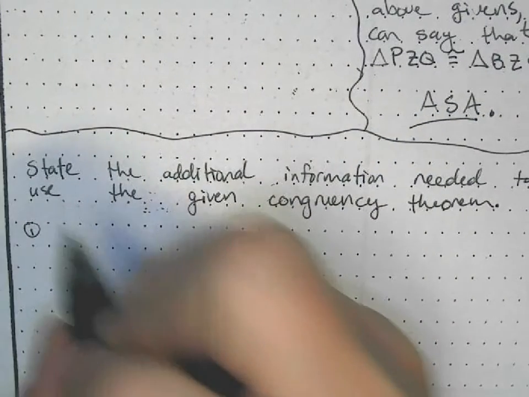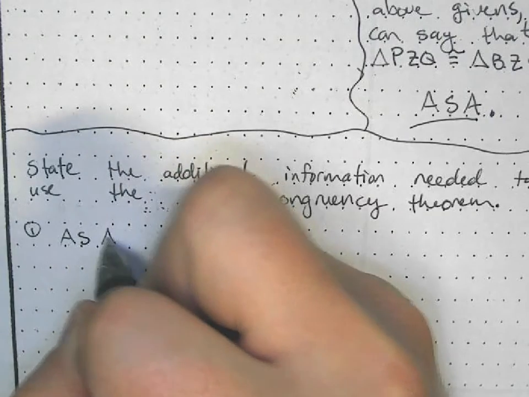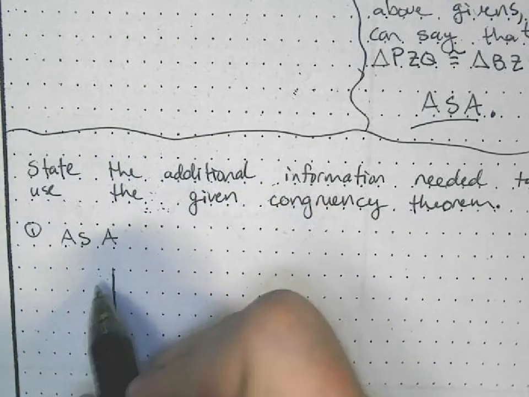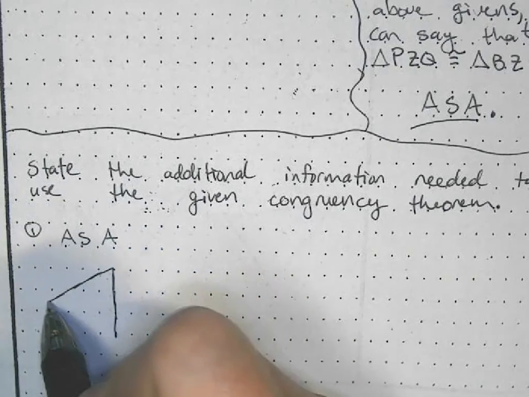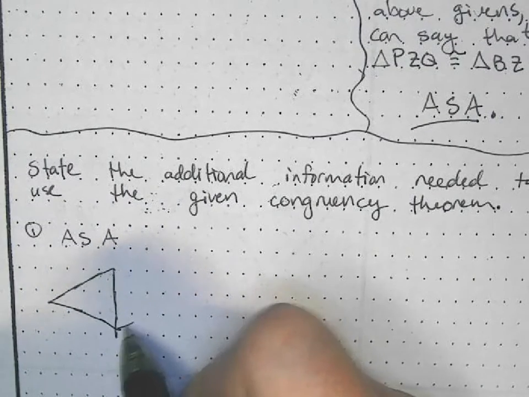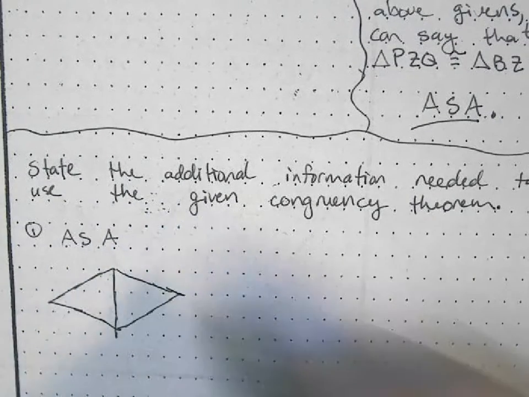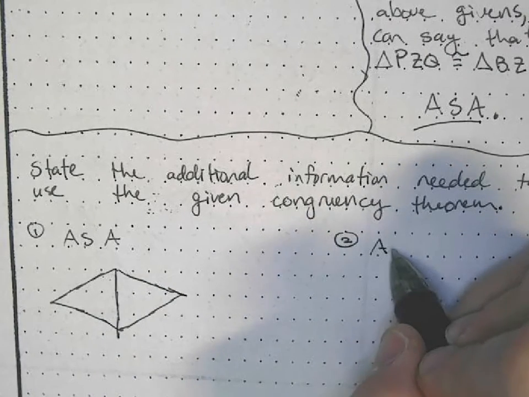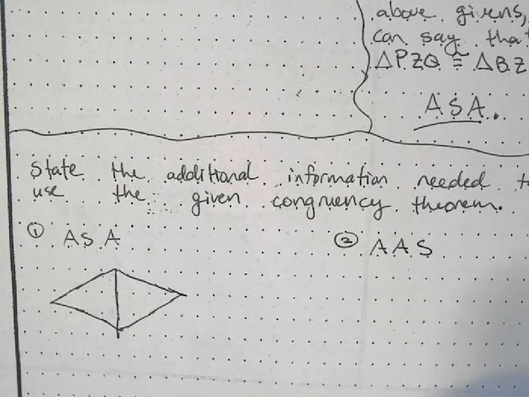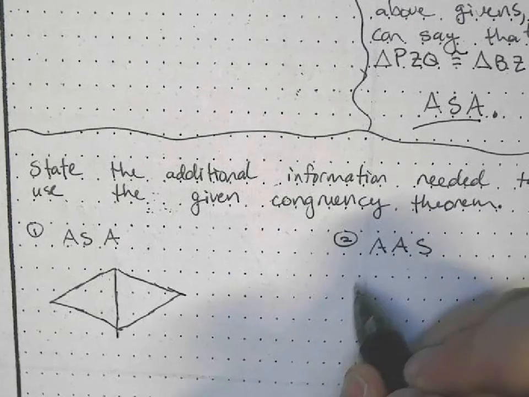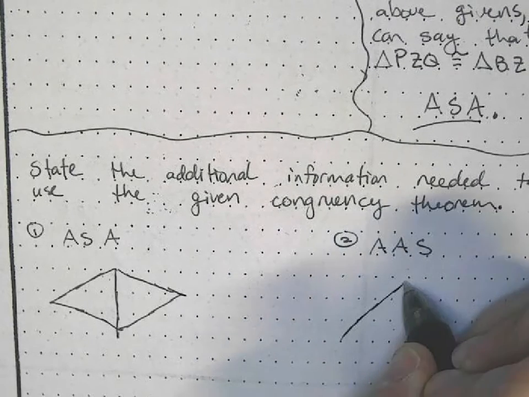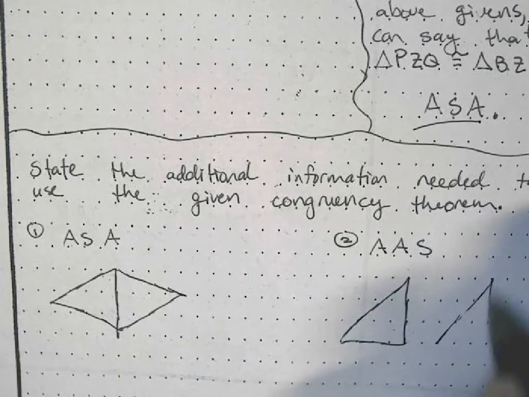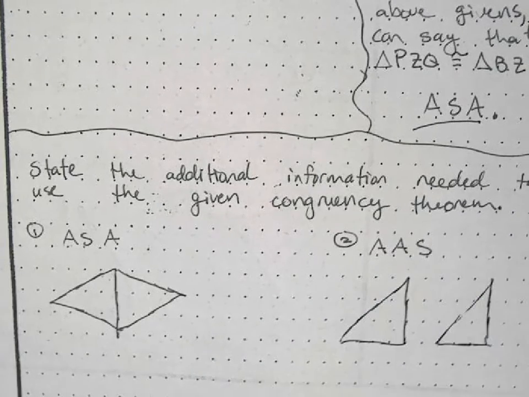So number one, we want to try to prove angle, side, angle. And here are our two triangles. And on number two, we're going to try to prove angle, angle, side. And here are our two triangles.